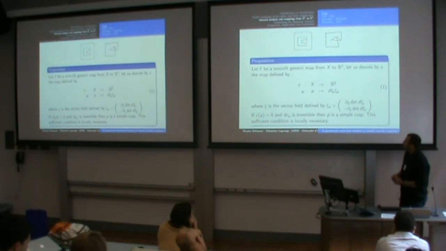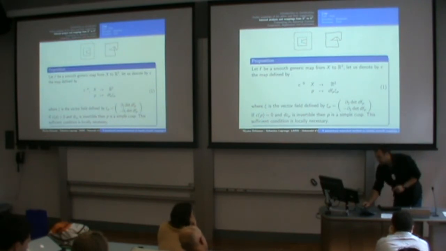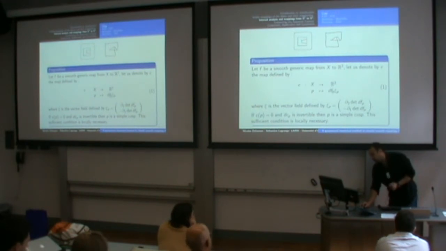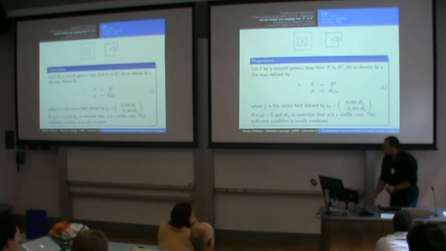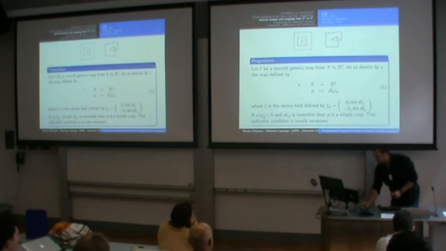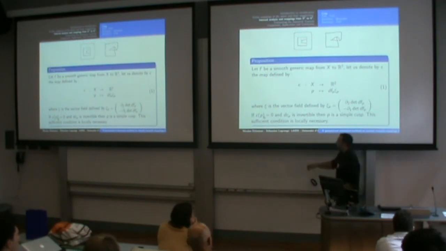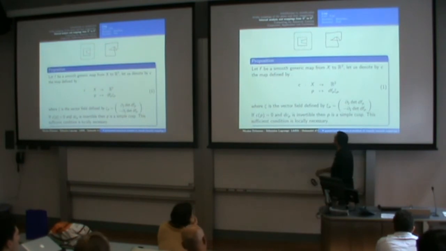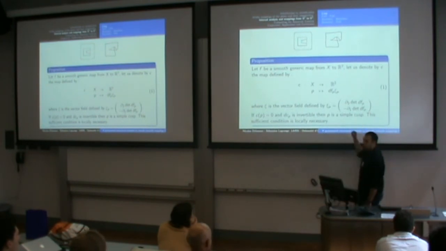And if you consider this map, this is just a map that computes the derivative of the Jacobian of f at p times a vector. This vector Cp is defined by this expression. And the first important property is the following. If Cp is equal to 0, then p is a cusp.